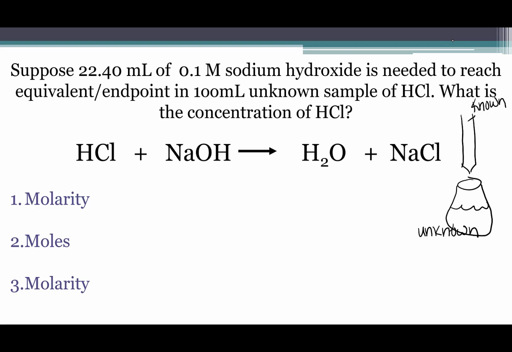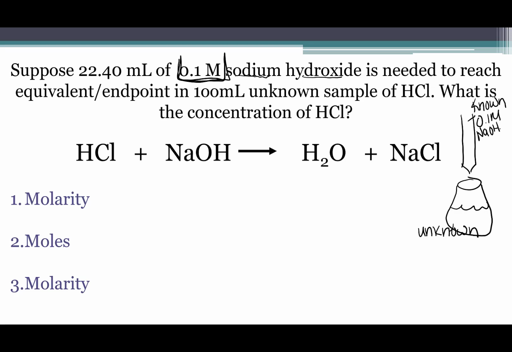Now we look back at the problem and decide what's known and what's unknown. So our known, the concentration will always be given. So this 0.1 molar sodium hydroxide, that identifies that as our known. So I'm going to put that in my burette. 0.1 molar sodium hydroxide. Okay.